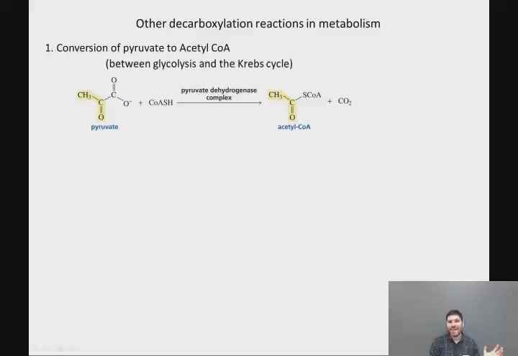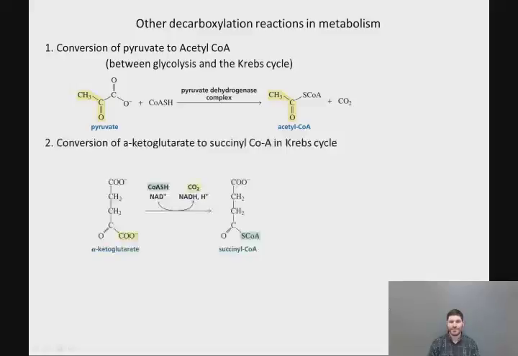But as I said on the last slide, the input into the Krebs cycle is acetyl-CoA, which has only 2 carbons, whereas pyruvate has 3 carbons. So to convert pyruvate into acetyl-CoA, we have another decarboxylation reaction. This reaction is catalyzed by a series of enzymes and coenzymes called the pyruvate dehydrogenase complex.